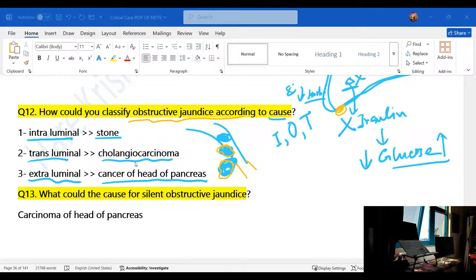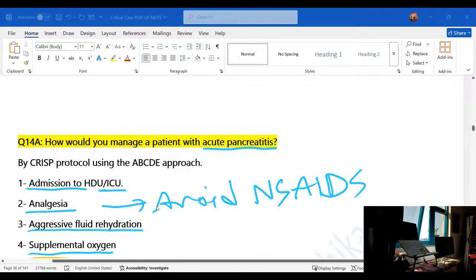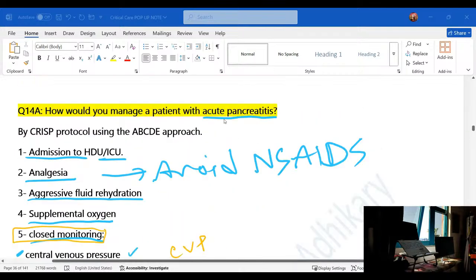How could you manage a patient with acute pancreatitis? This station we have in many places: pathology, critical care.